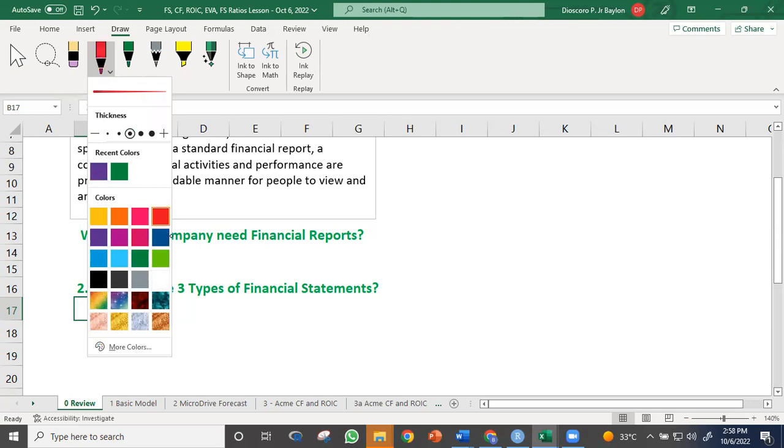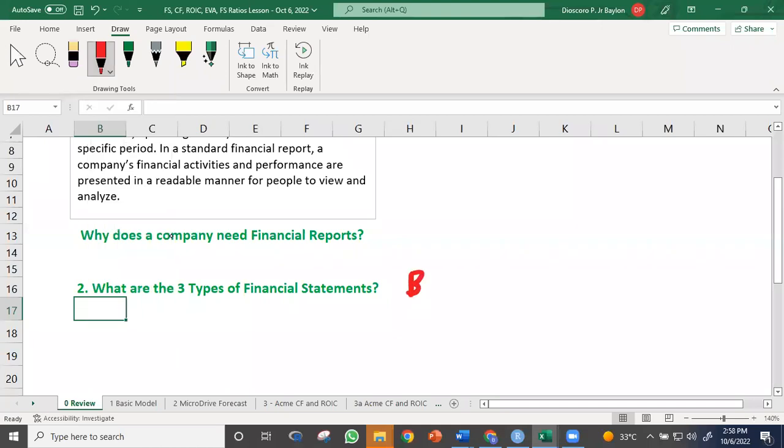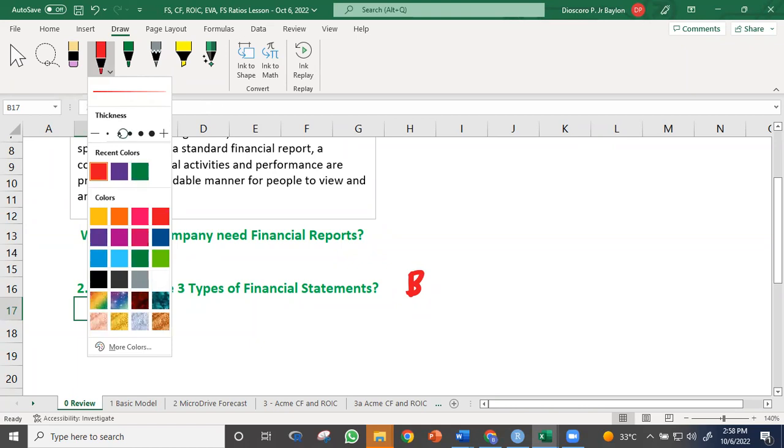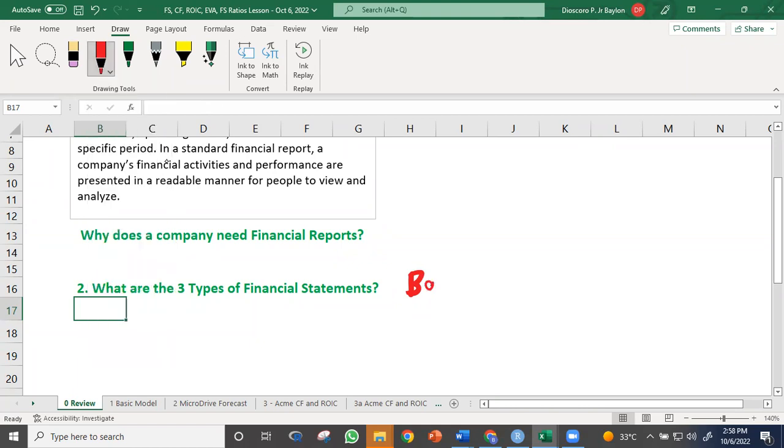Let me just write it here. We have the balance sheet, and then you have the income statement, and then you have the cash flow statement.